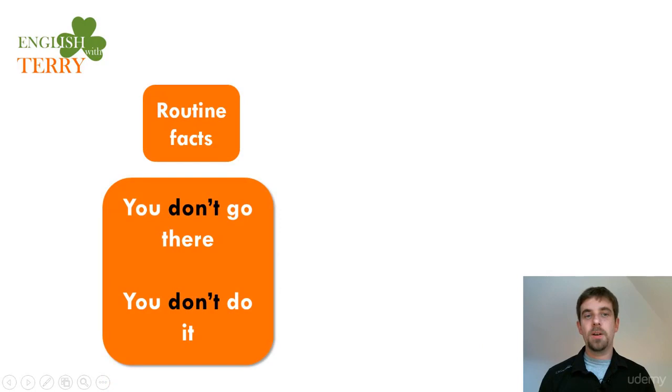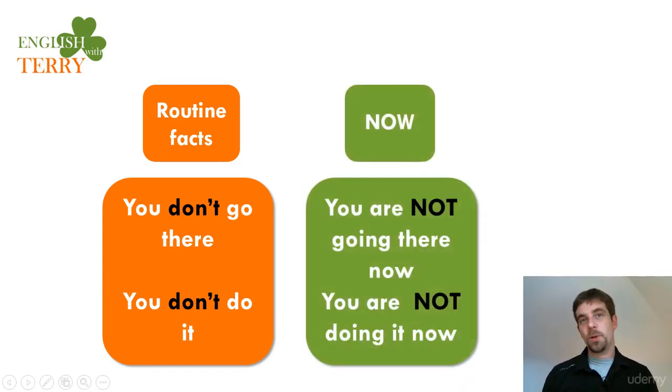So don't is used when we talk about routine or facts: you don't go there, it's a description of your life. But when we're talking about now, you are not going there now, or you are not doing it now. That's the key: don't with facts or routine, and not with the verb to be and with now.